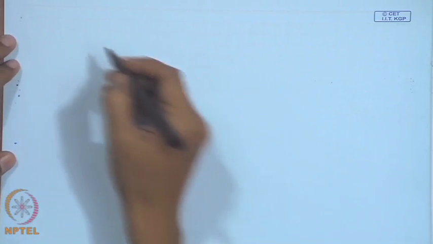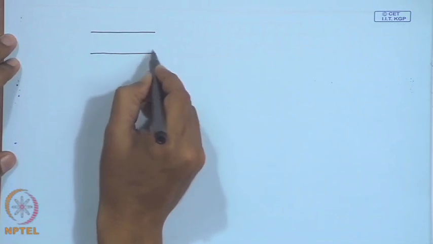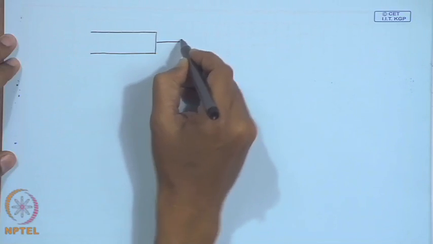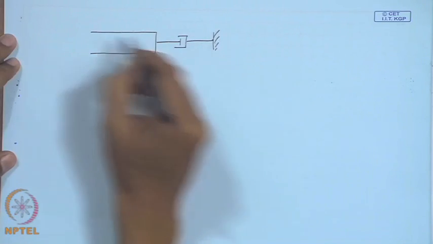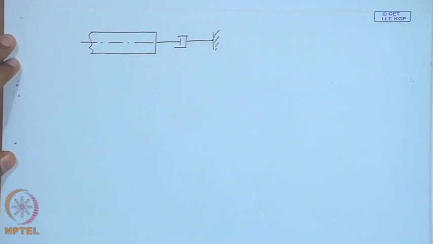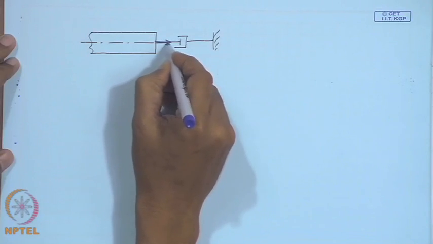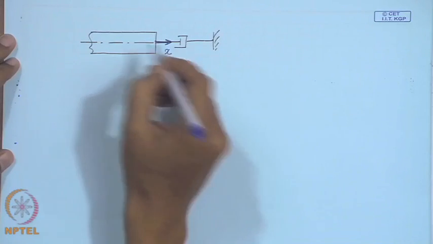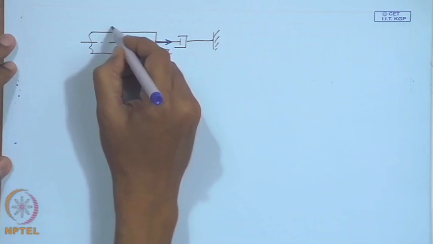Now, let us consider a second example of scattering at an impedance. This example we have seen before. This is a bar, a semi infinite bar with boundary damping.